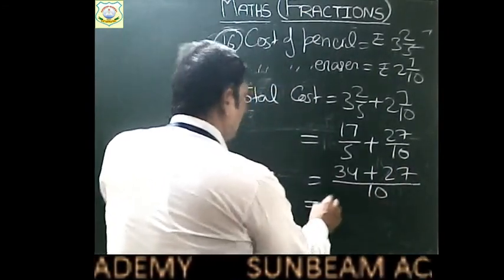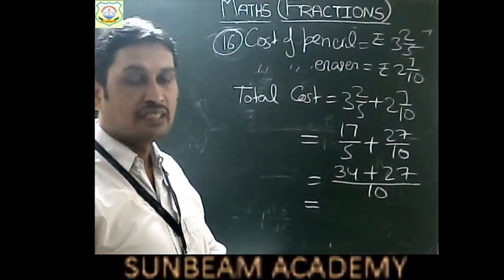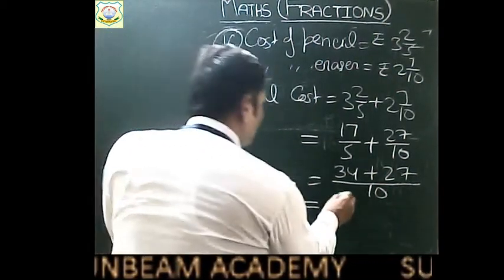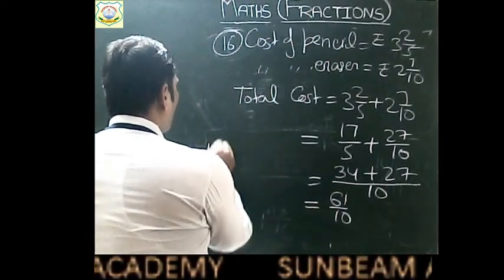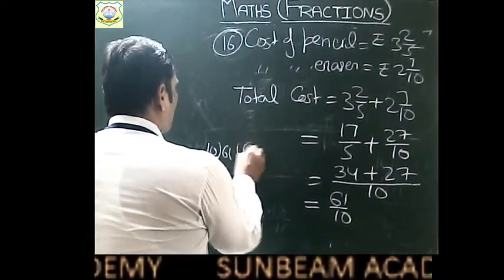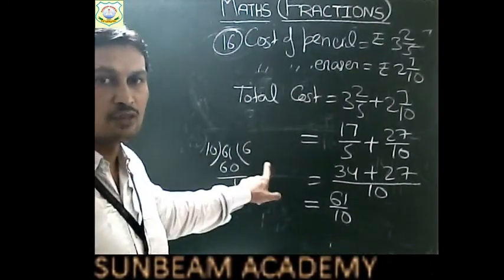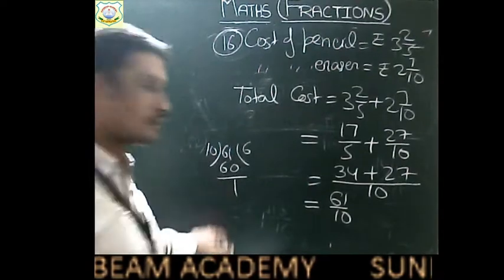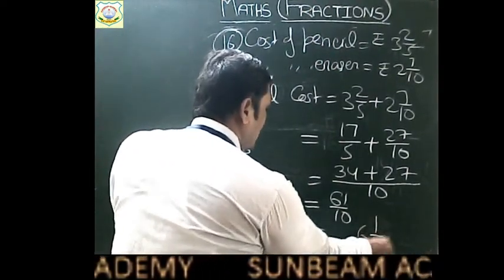So what do we get, children? 34 plus 27. So we get 61. So 61 by 10, and convert this into a mixed fraction, children. 10 sixes are 60, 1 is left. So we will write 6 whole 1 by 10. So the answer will be 6 whole 1 by 10.